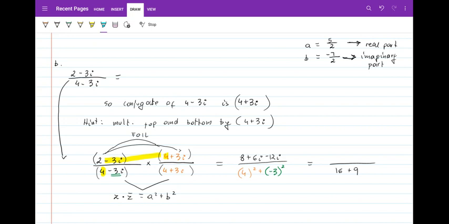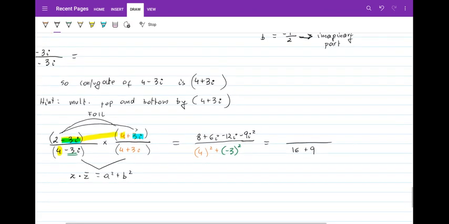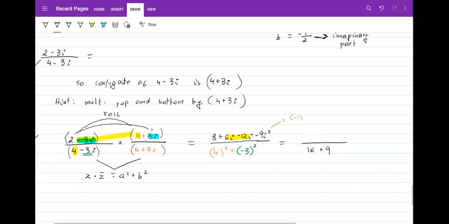And then we have negative 3i times 3i, which will give us negative 9i squared. So let's simplify this. I'm going to combine those like terms here, and we're going to replace i squared with negative 1. So we have 8 minus 6i minus 9 times negative 1.